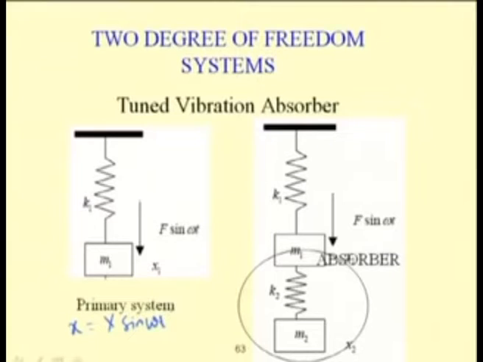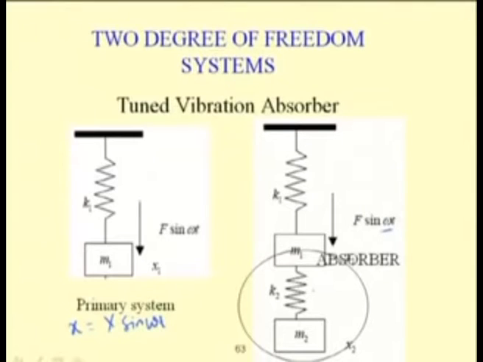That means the system is vibrating, with the response x equal to X sin omega t at steady state. To reduce this vibration, one can use another secondary mass and spring. This is the secondary spring and secondary mass, which has a natural frequency equal to omega.